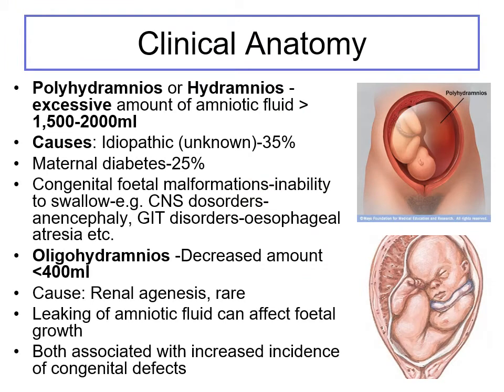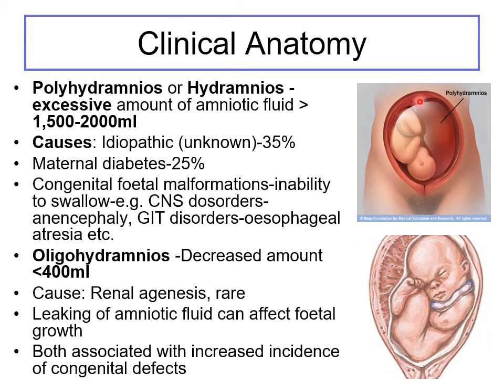Now, we have seen how precise the amount is depending on the age of the fetus. So sometimes there is excess for that age. This is known as polyhydramnios or simply hydramnios, which means an excessive amount of amniotic fluid. And when can we say it's excessive? When it's more than 1.5 to 2 liters, or 2000 ml. As you can see, there'll be lots of fluid here.